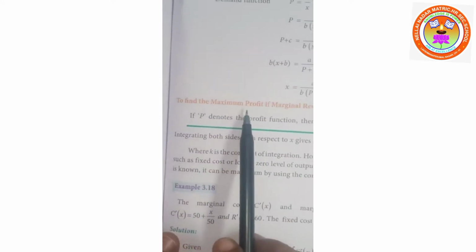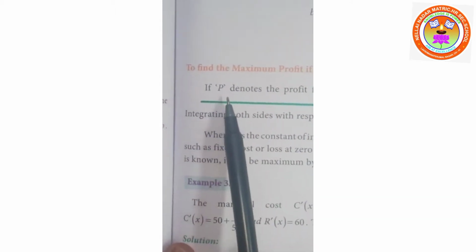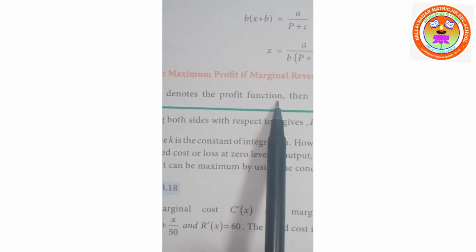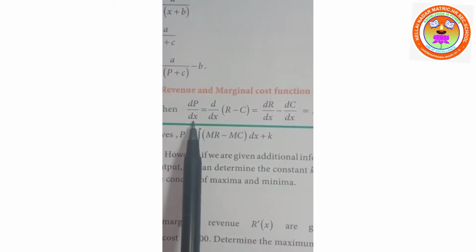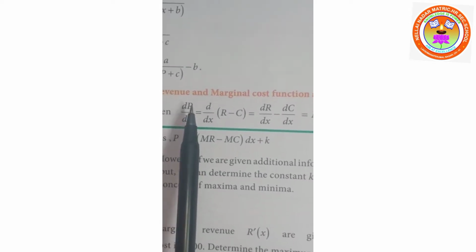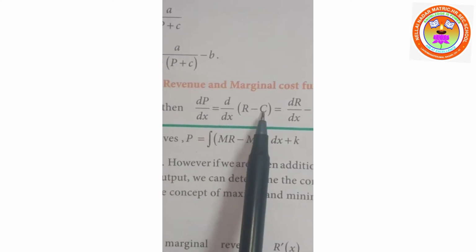Next, to find the maximum profit if the marginal revenue and the marginal cost function are given. If capital P denotes the profit function, then dP by dx, the rate of change of profit, equals d by dx of profit, which can be replaced by revenue minus cost, R minus C. That is the formula for profit.